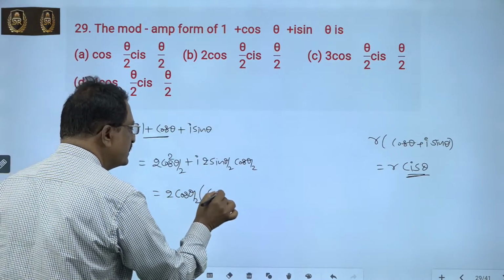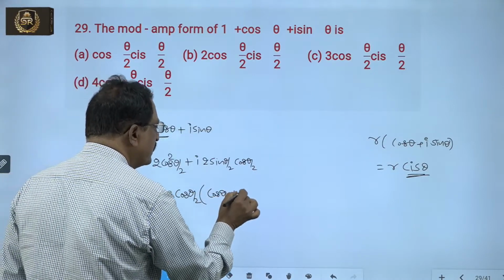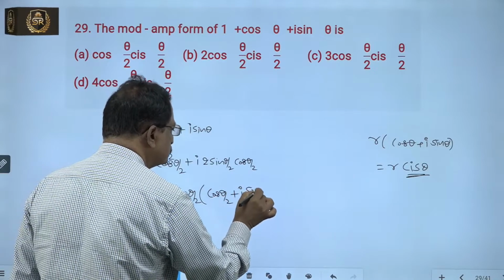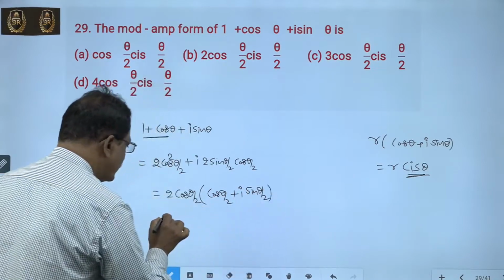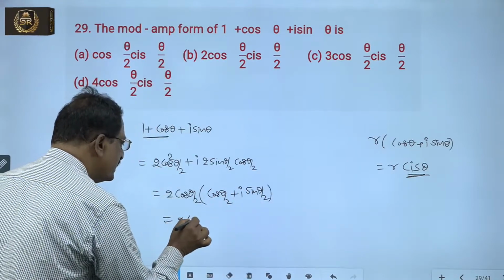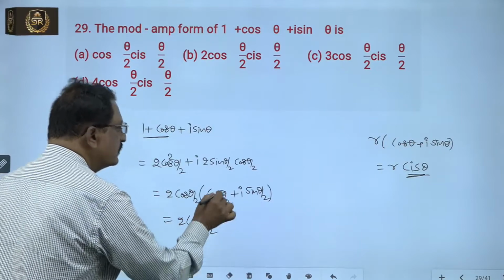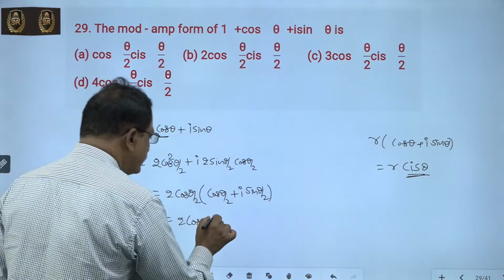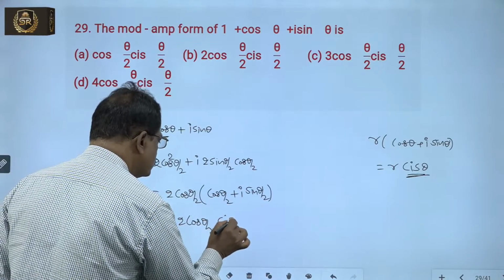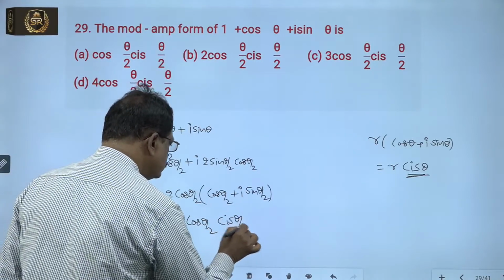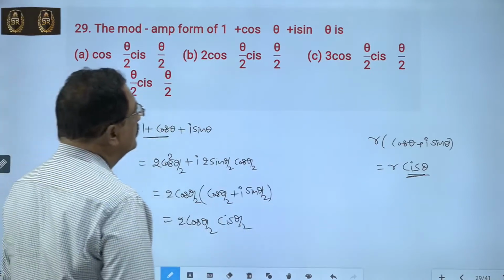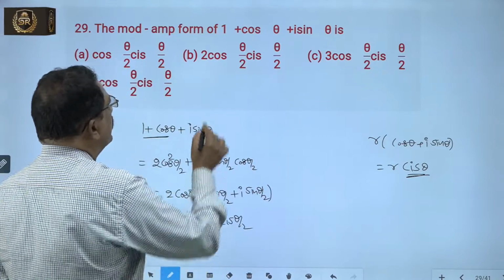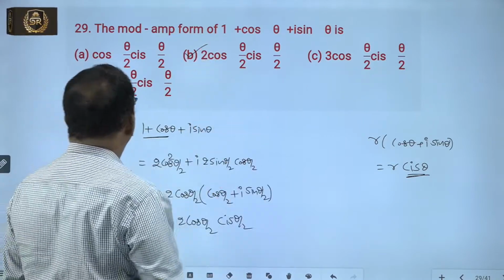Now cos theta by 2 plus i sin theta by 2. Now that equals 2 cos theta by 2 into cos theta by 2 plus i sin theta by 2, nothing but cis theta by 2. Now the option is the second option.